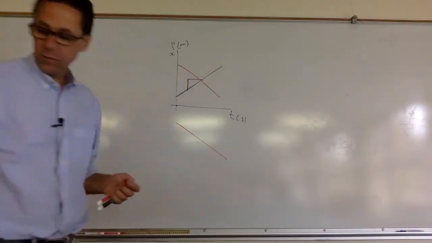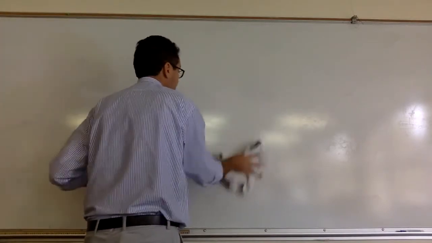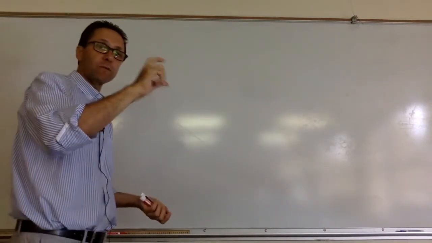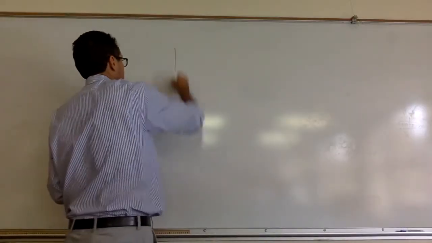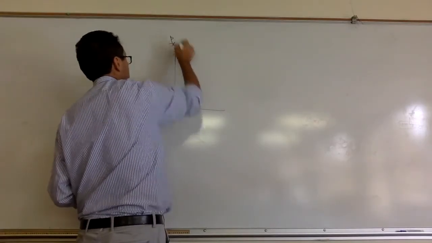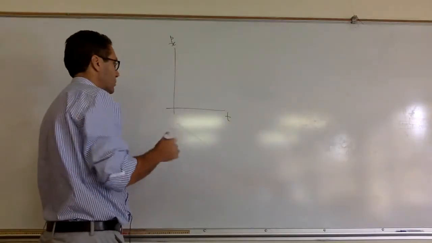Now, another way of representing velocity, or at least when velocity is not constant. For all of those, the velocity is constant because the change in position over time remains the same all the time. If I have a graph of position, I'll just call it x, or you can call it p. It doesn't matter. Time, seconds, meters, miles, inches, whatever.